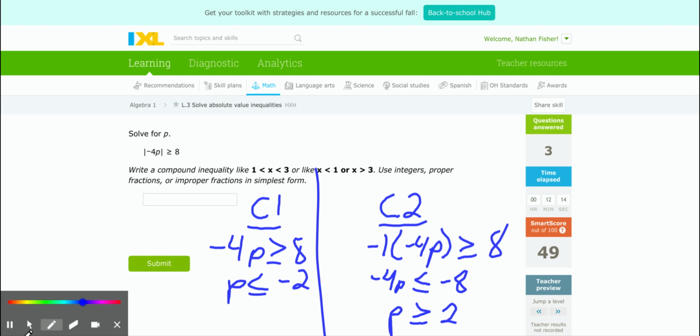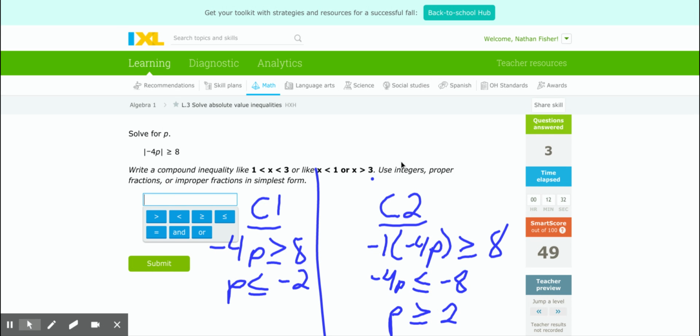This time, if we think about what we have here, numbers less than negative 2, numbers greater than 2, our arrows are actually going to be pointing away from each other if we were to put this on a number line. So we're going to use this OR answer that we haven't used yet. So when I type this in, I'm guessing IXL is going to want the smaller one first, like the less than first.